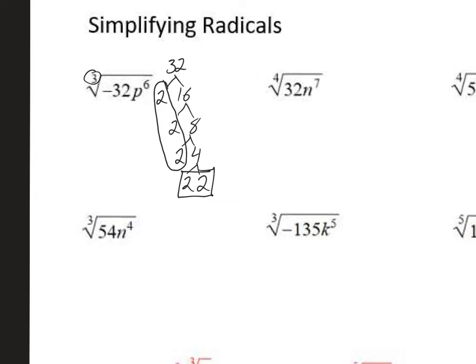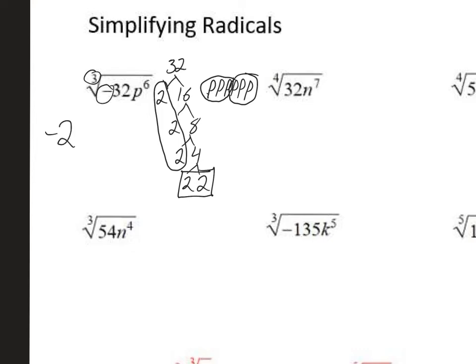Now, I'm also going to write all of my p's. So 1, 2, 3, 4, 5, 6. So I'm going to figure out how many groups of 3 we have. So that's 1 group of 3. That is 2 groups of 3. So what we're going to do on the outside is pull out everything that is in circles. So this negative here, I'm going to go ahead and pull that out too.